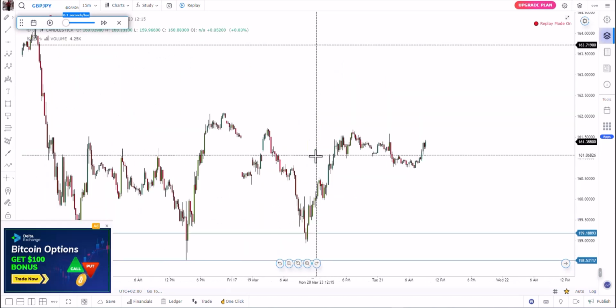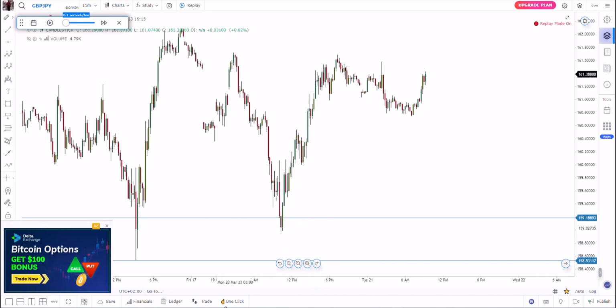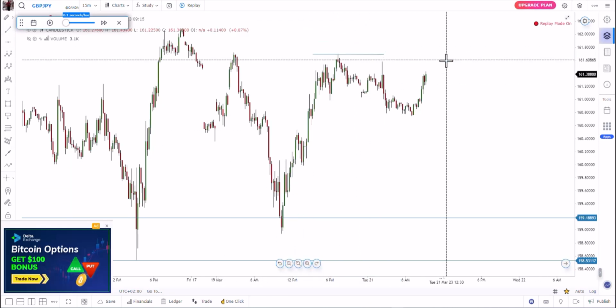The market balances every time. So as I said, we have this high created and we have to break it.